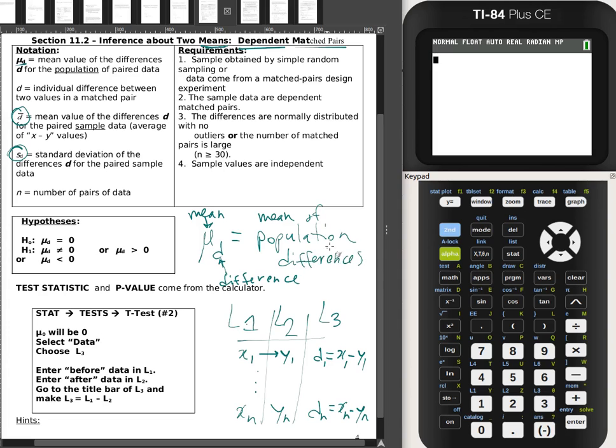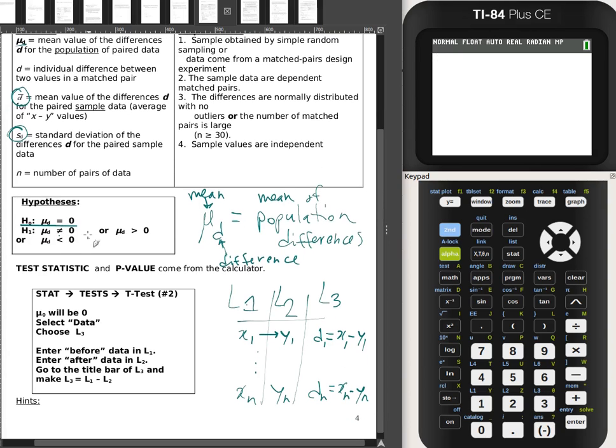And then we're going to be setting up our hypothesis with the null hypothesis being that the difference is 0, so the difference between population 1 and population 2 is 0. Or else we can have, in the case of the two tail, not equals, the right tail, which goes greater, and the left tail test, which goes less.